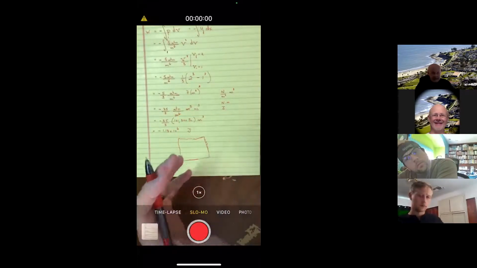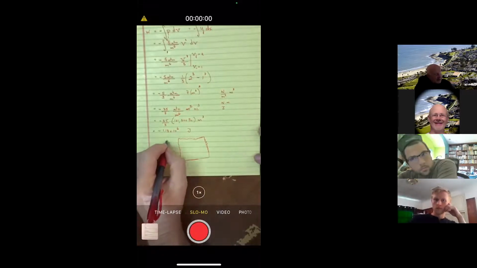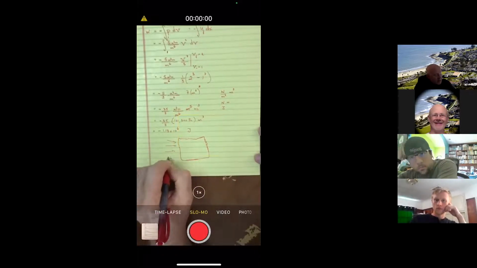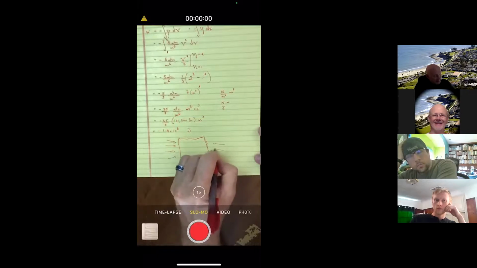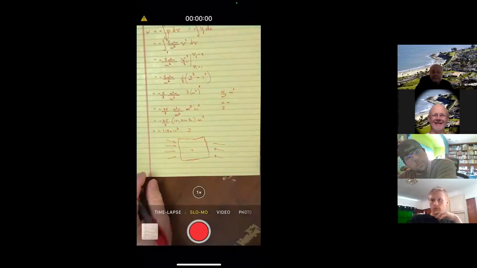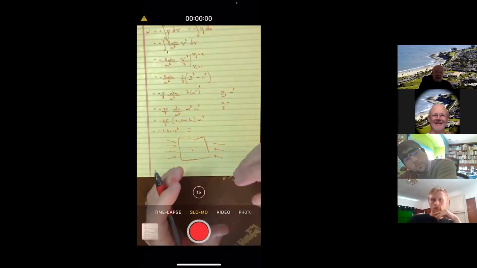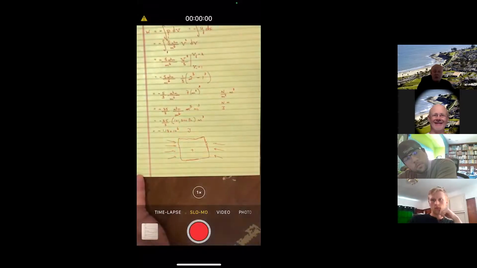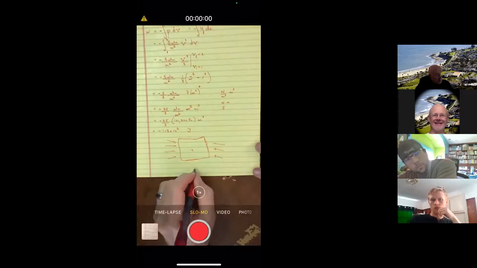Here's how Survey does it. Survey says if any energy is going into the object, give it a positive. If any energy is coming out, give it a negative.